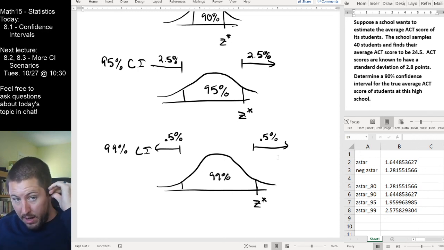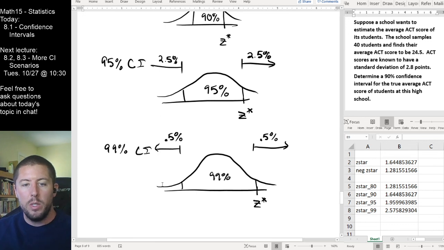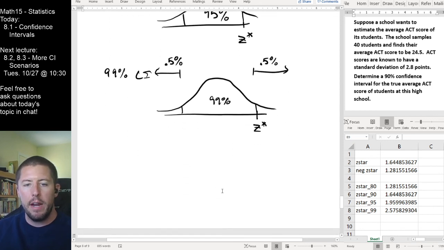We're always dividing by 2 because one of our tails is accounted for in the area to the left of z-star, but one of our tails is not, because it is up above. And remember that Excel is always doing our area to the left computations. That's why we're setting ourselves up with these types of statements right here.